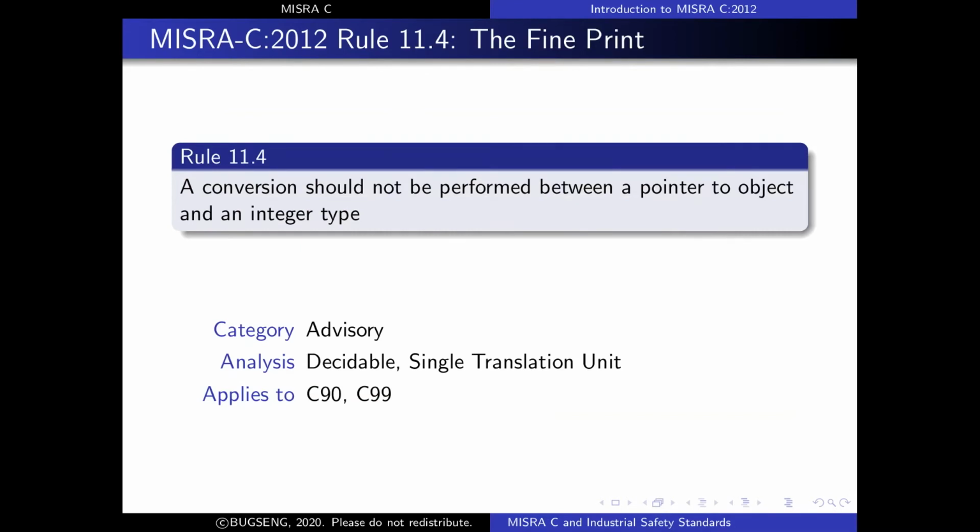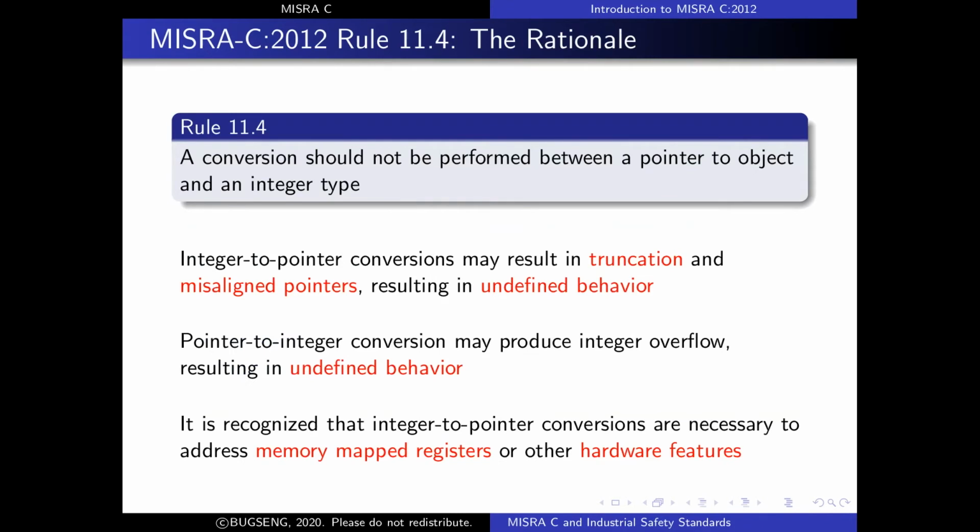Another rule, this time advisory, has to do with conversion between pointer to object and integer types. So the advice is not to use them. Why? Because integer to pointer conversion may result in truncation when the pointer is not wide enough.